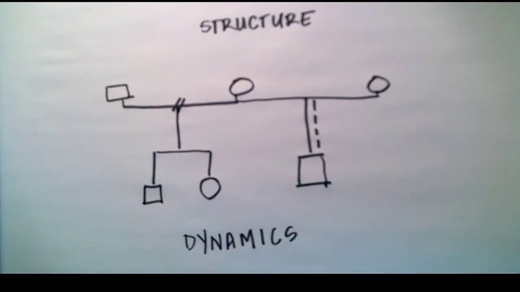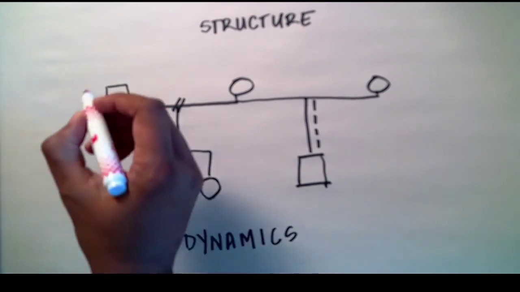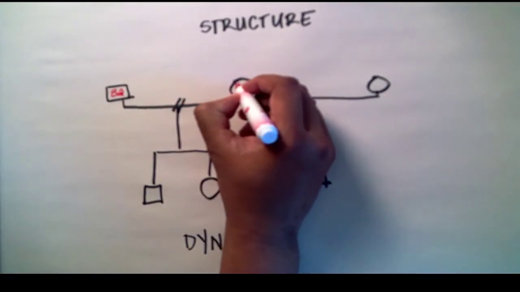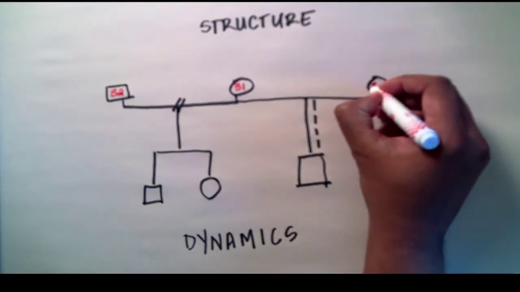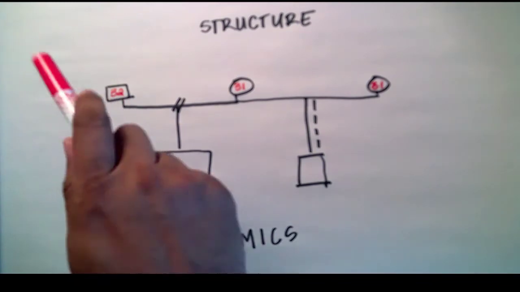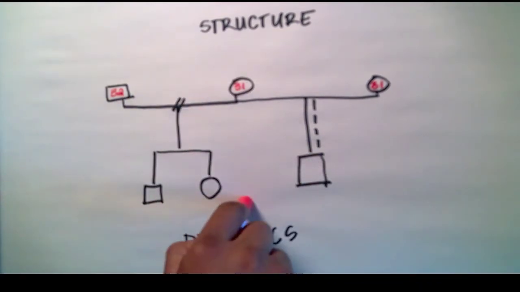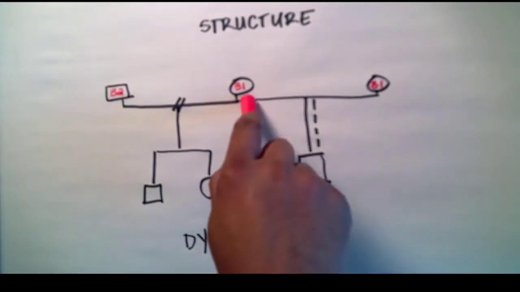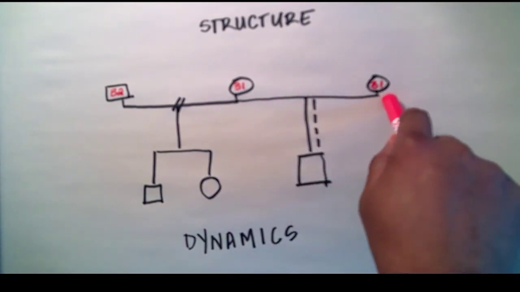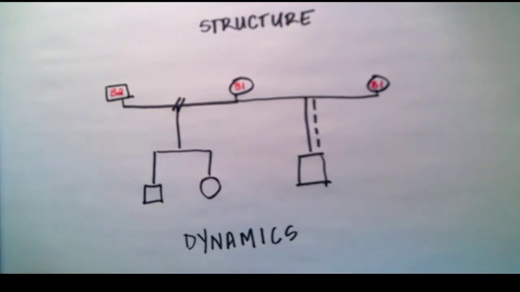So we know roughly how old people are. We have this person is 32, this person is 31, and this person is 31. So now what we know is that this father of these two kids is 32, mom is 31, and her girlfriend and wife is actually 31 also.